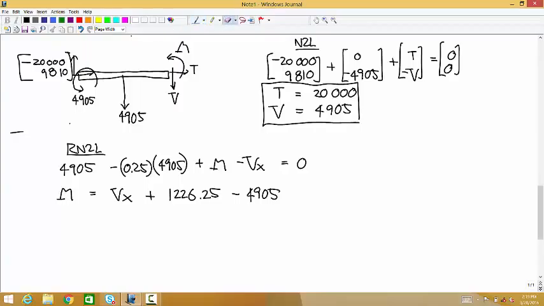And x, we know what x is, yeah. So that says something went wrong here. Something went wrong with the sign, I think.